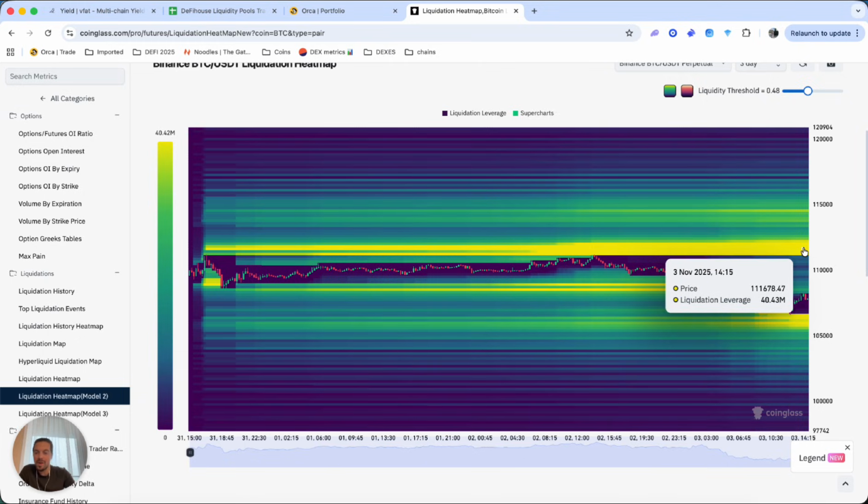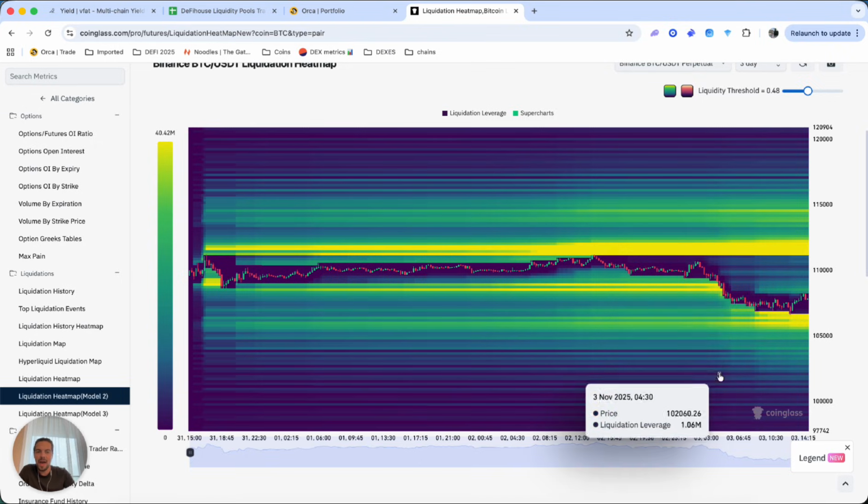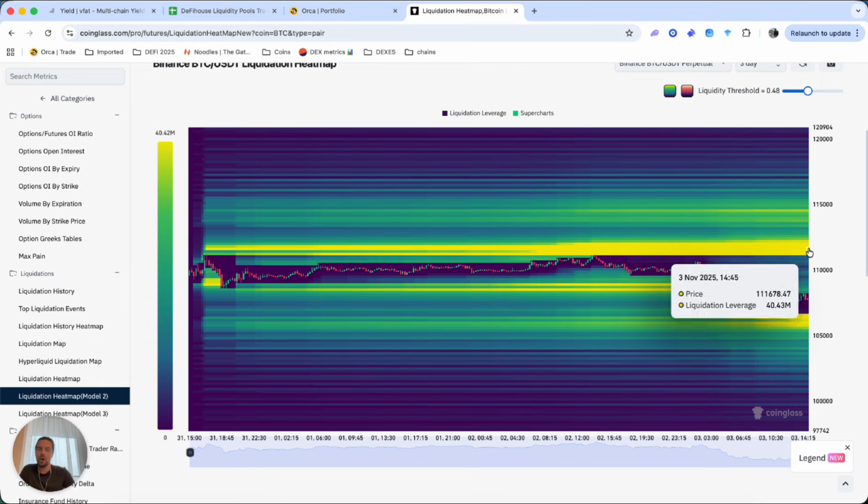Within this region we have most of the liquidation, so we can expect the price to actually move towards this area and then be met with massive resistance, because a lot of liquidations are here.